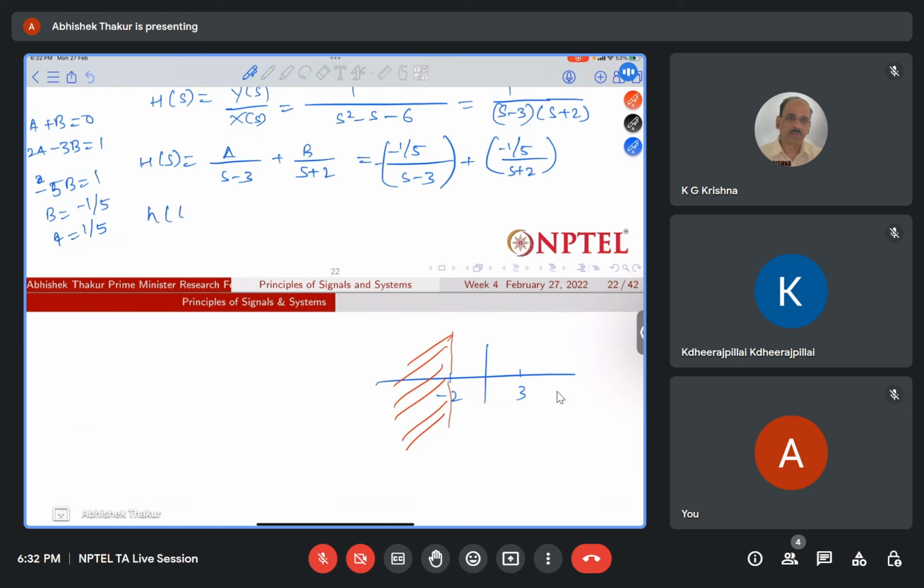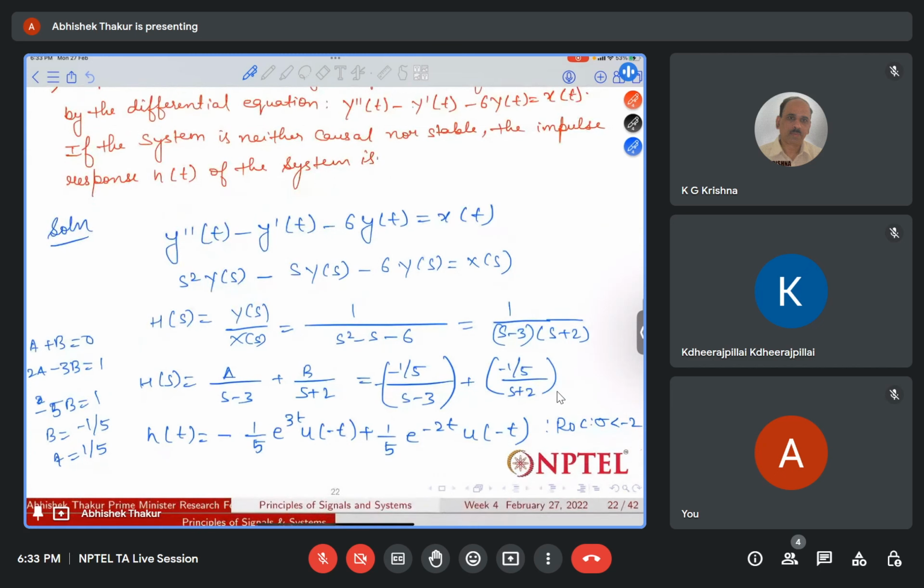So h(t) is equal to minus 1 by 5 e to the power 3t u of minus t plus 1 by 5 e to the power minus 2t u of minus t. So understood? And the region of convergence will be sigma less than minus 2.